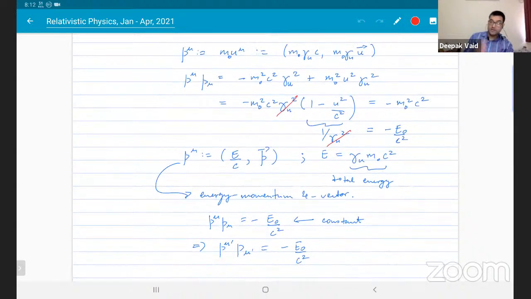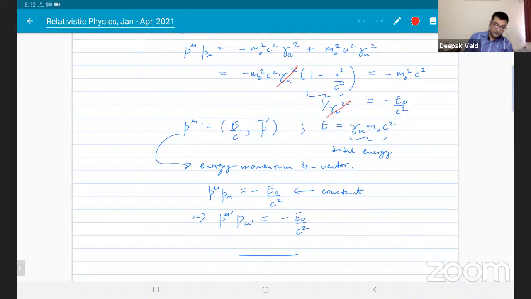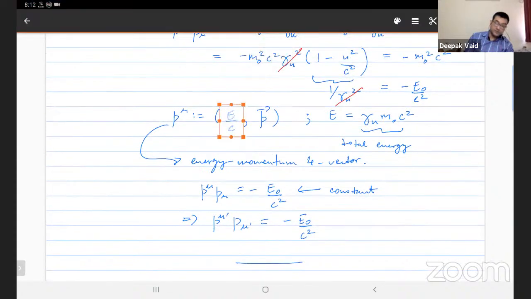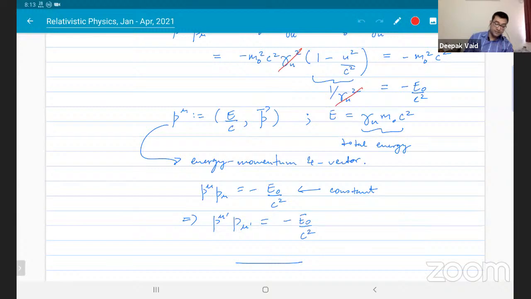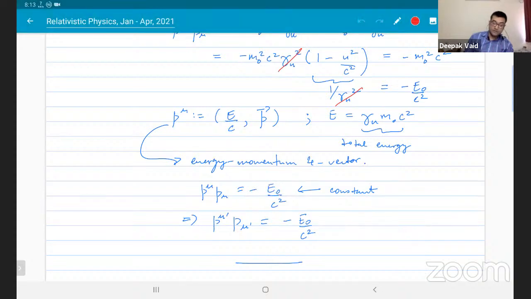And again, the same caveat applies to this, that you can't just take the momentum 4 vectors for two different particles and add them together to get the momentum 4 vector of the total of the combined system. Now this momentum 4 vector is actually the energy momentum 4 vector, because the time-like component is the energy divided by c, and the space-like component is the spatial momentum. And if you take the norm of this vector, you get the rest energy of the particle divided by c square.